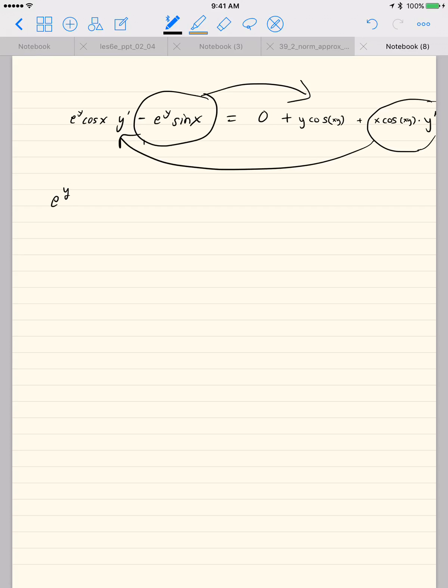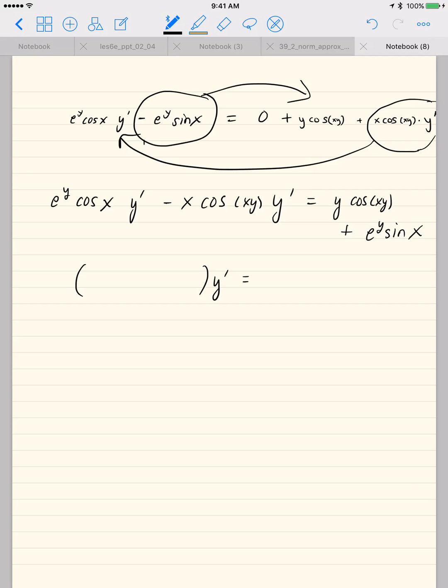So I've got e to the y cosine x y prime minus x cosine xy y prime equals y cosine xy plus e to the y sine x. Now I'm going to factor out y prime.